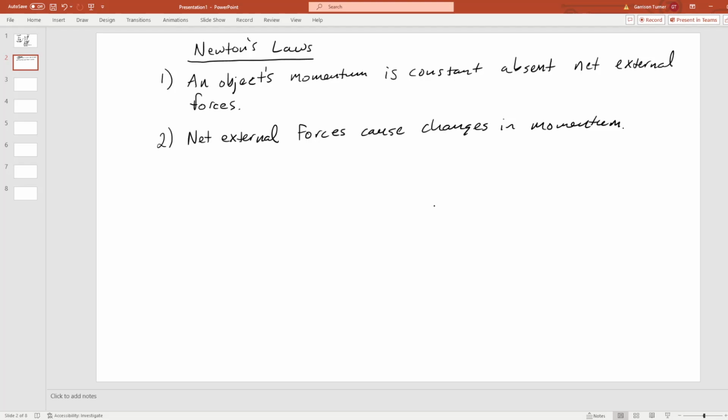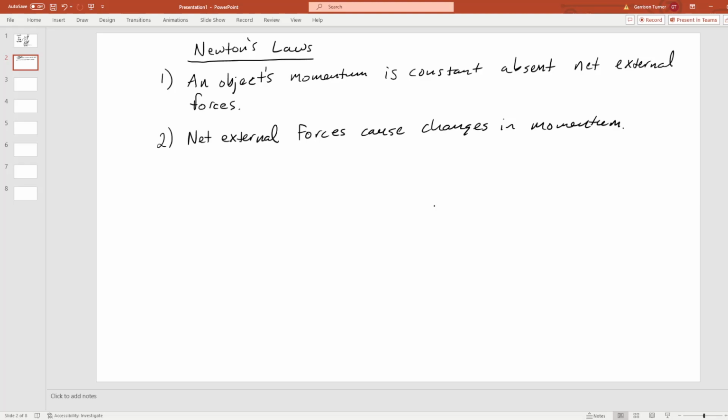Now, let's contrast this with the general way of stating Newton's second law before, which goes something like this. When an external force is applied to an object, it will accelerate, and it will accelerate such that the acceleration is in the same direction as the impressed force, and it is inversely proportional to the mass. That is a mouthful. That is a lot of words.